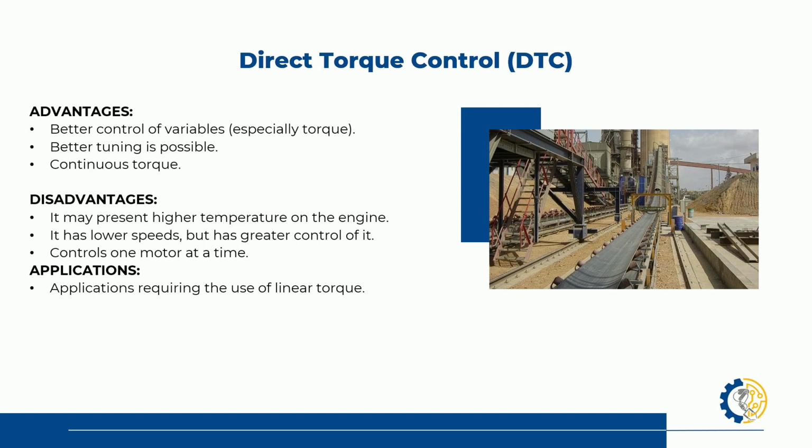Okay, guys? Now, disadvantages, we might get larger temperature through our motor, which is the same thing as our sensorless. So our sensorless has less speeds, but it also has better control over it. Now, this is quote unquote, guys.